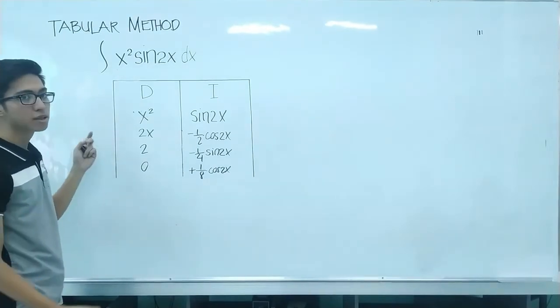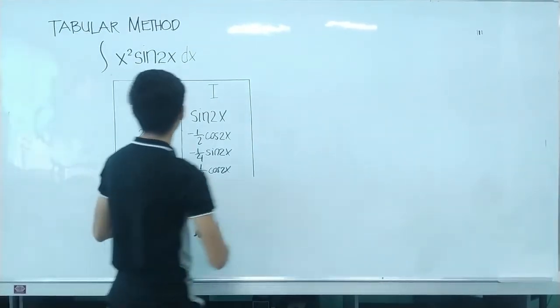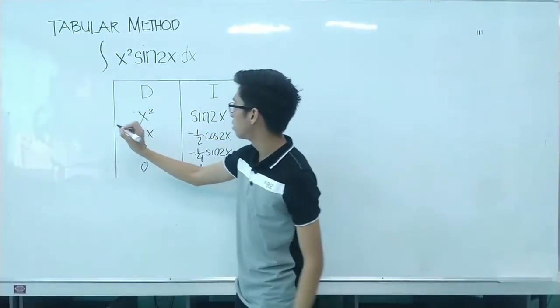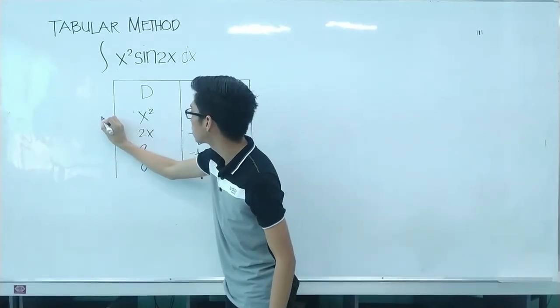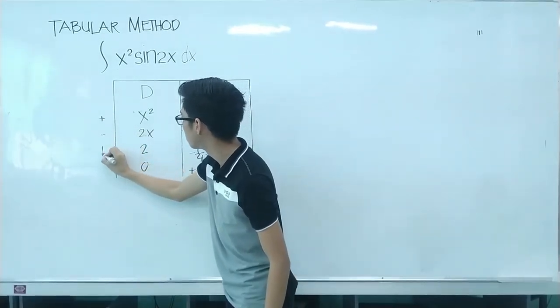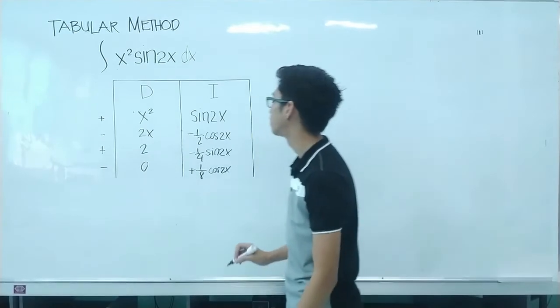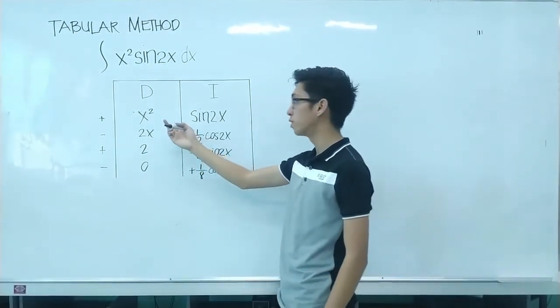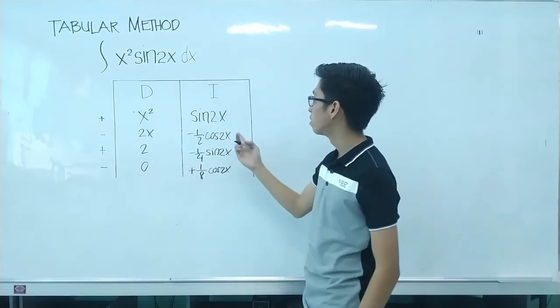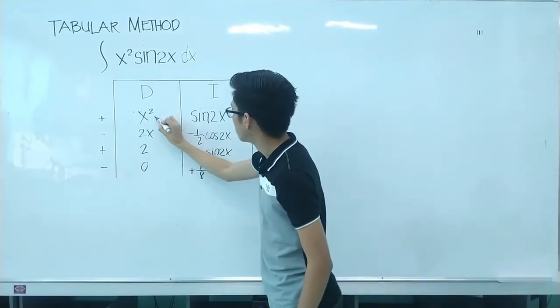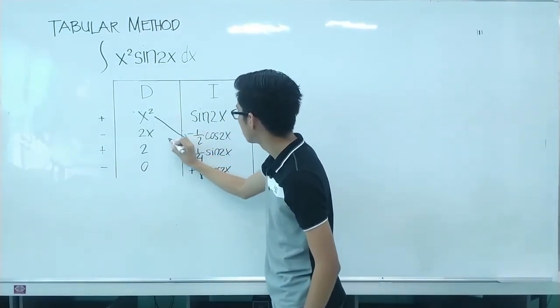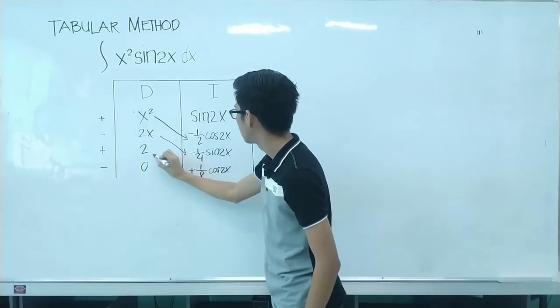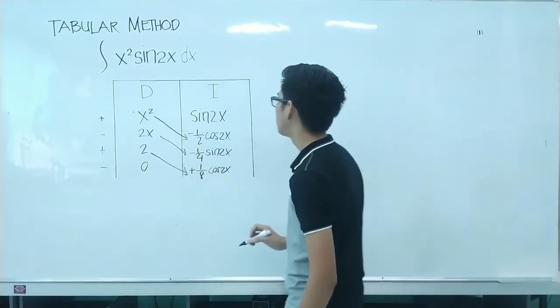In the signs, always keep note that it goes positive first, then negative, alternating all the way down. And then we multiply diagonally from the first column of the D to the second column of the I. So let's put an arrow. Then multiply.